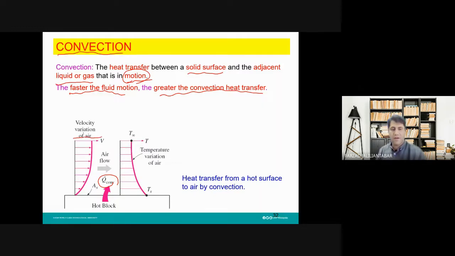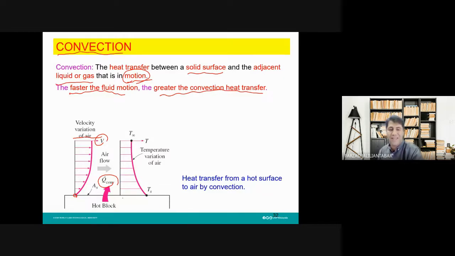Imagine we have air flowing over the surface of a hot block. The velocity of the air on the surface, when it is exactly on the surface, is assumed to be zero. And as it gets far enough from the surface, it is assumed to reach a constant velocity equal to V. How about the temperature of the fluid flowing above the surface?